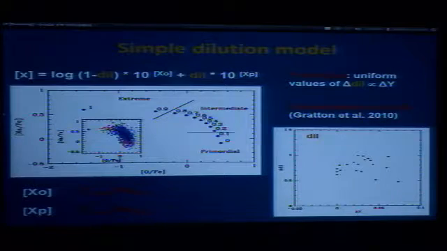How to explain the fact that we see a sodium-oxygen anticorrelation, while the single AGB star produces a correlation between sodium and oxygen? Well, this is typically explained as a dilution model. That is, you start from a composition which is essentially the pure ejecta of the AGB star, or the polluter, and then you begin adding pristine material which has not passed through this nucleosynthesis in the polluter.